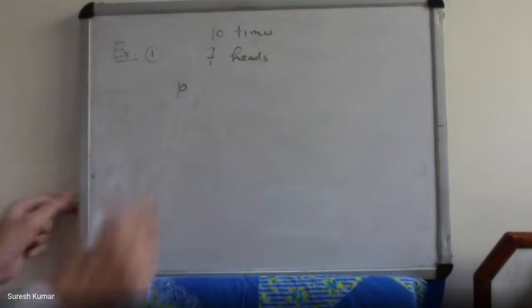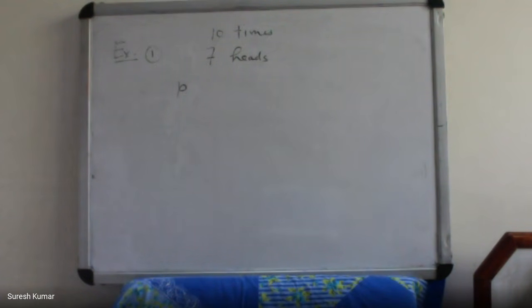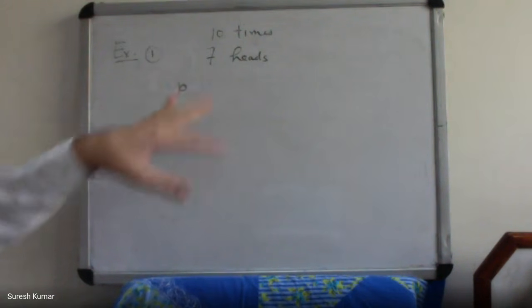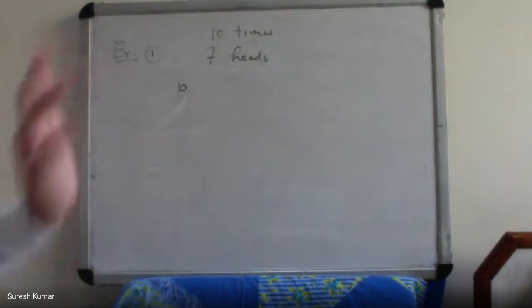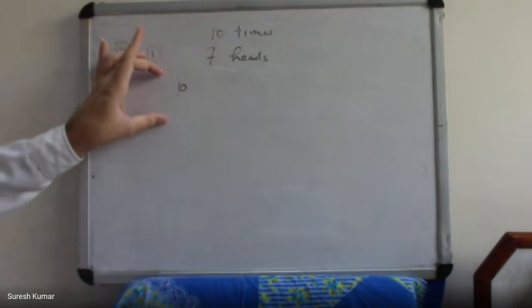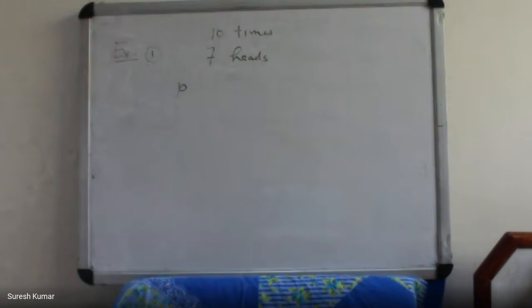Let P denote the probability of success in any trial. It is the parameter of your binomial population. You understand this situation is governed by binomial distribution. So P is the population parameter. From this sample information, let's estimate the value of P.